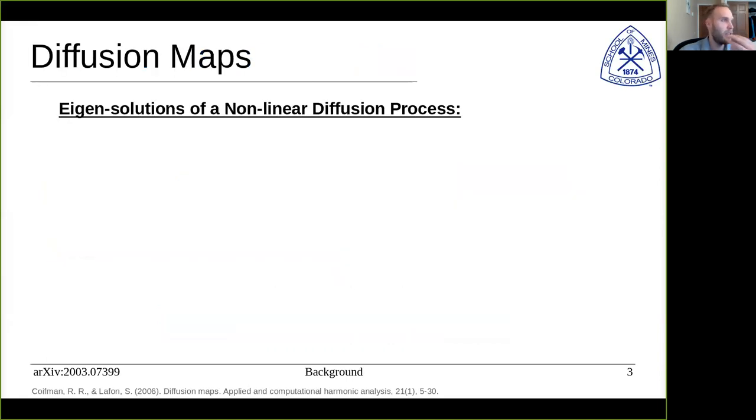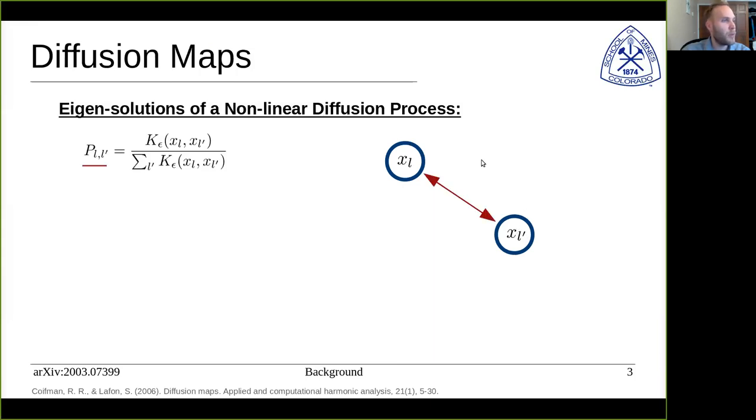We're going to talk about the diffusion map method, which is a very useful nonlinear dimensionality reduction method. It's the eigensolutions of a diffusion process in your sample space. If we have two examples, say x_l and x_l prime, we can define a transition probability between them that depends on a kernel function and a parameter epsilon.